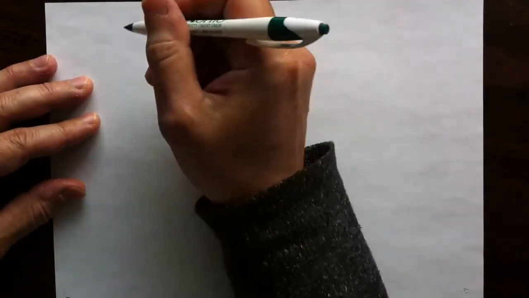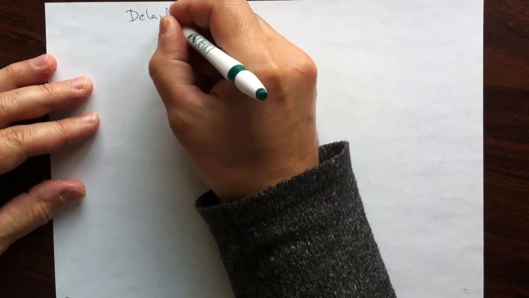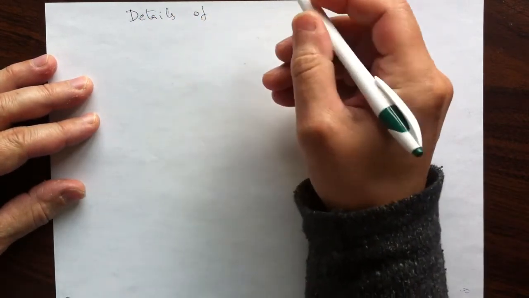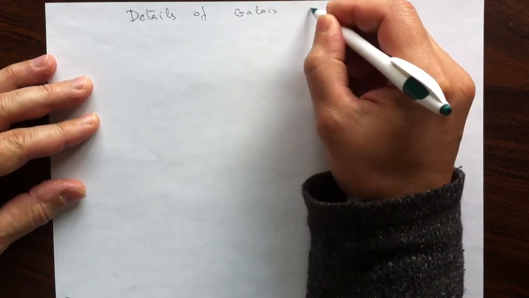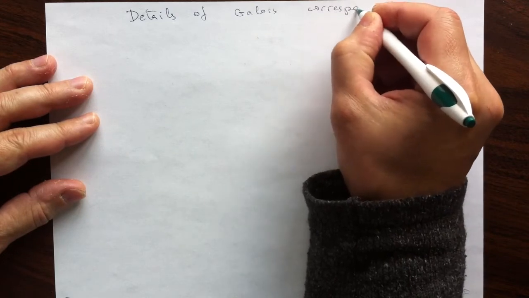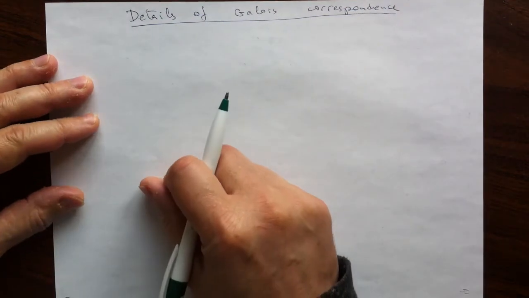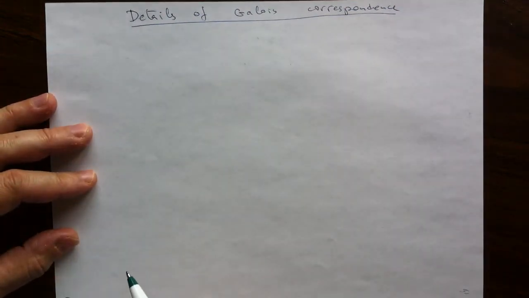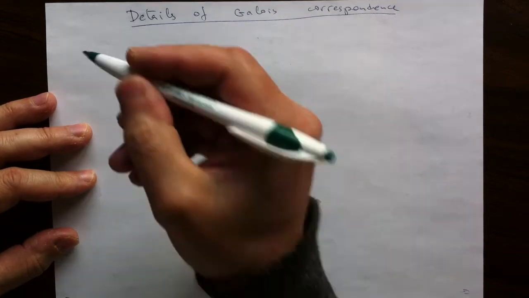Hello. The point of this video is to discuss somewhat finer details of the Galois correspondence, which identifies two structures: the lattice of subfields of a Galois extension on one side, and the lattice of subgroups of the symmetry group of the extension, but flipped.